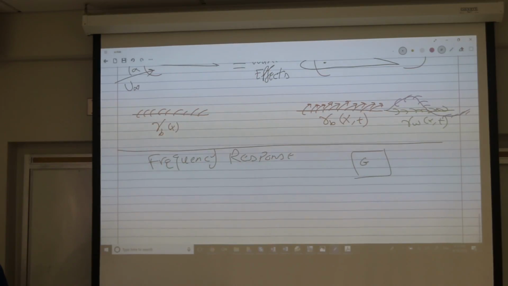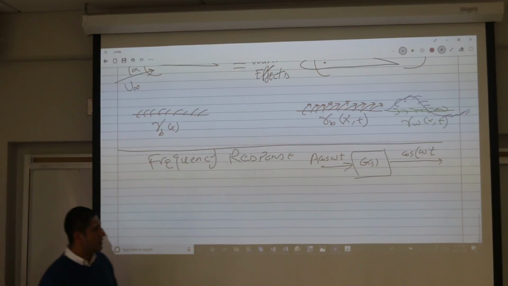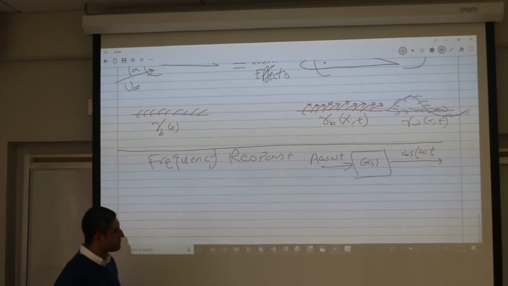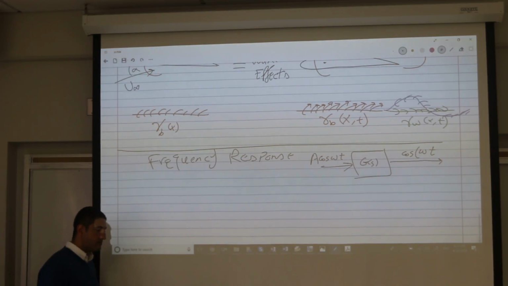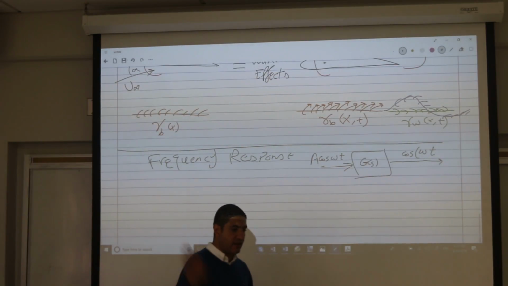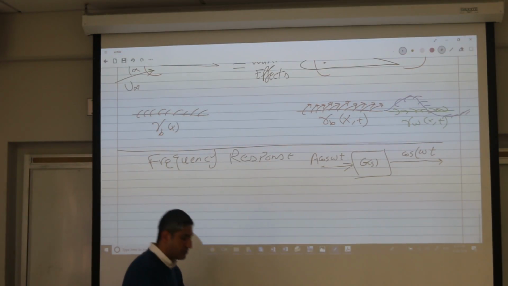If you have a linear system transfer function G(s) and you give it a sinusoidal input, a cosine omega t, so I'm continuously changing, I also get a sinusoidal output because it's a linear system, at the same frequency, the same speed. If you have your airplane and you're playing with the elevator slowly, the airplane will change slowly.